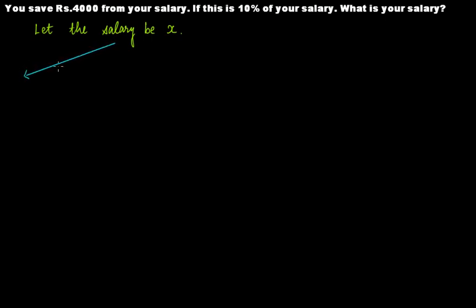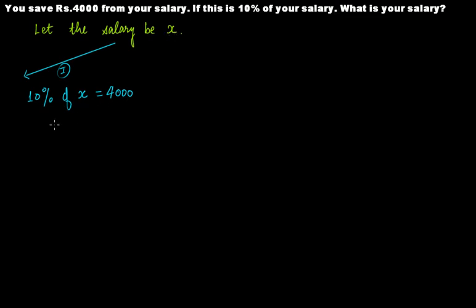The first way to solve it is 10% of the salary, that is X, is equal to what? 4,000. That's what it says. If this is 10% of your salary, so we are assuming, let the salary be X because we don't know the salary.